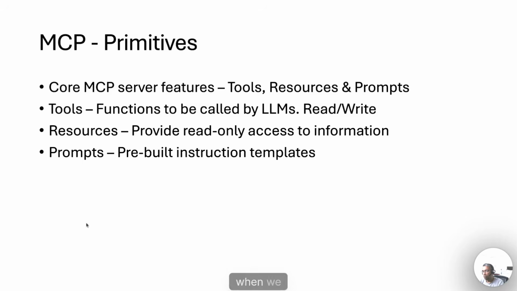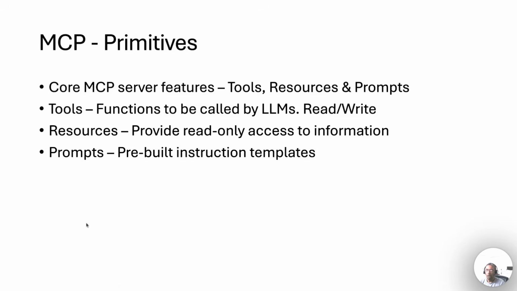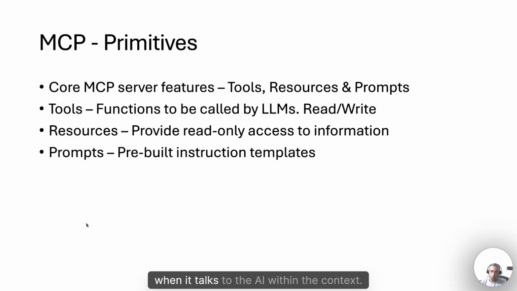So when we make a resource available over an MCP server, the AI or the application can access that resource and provide the information on the resource when it talks to the AI within the context.